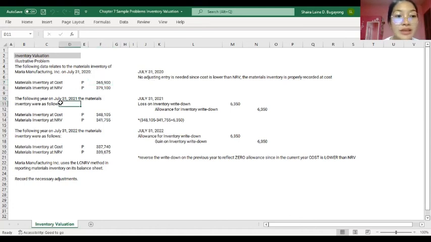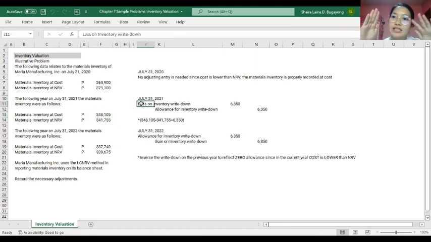If the following year, the cost is 348,105 and the net realizable value is only 341,755, then the lower amount should be the one on the balance sheet. So we need to adjust. Since what is in the books is 348, we adjust it by recognizing a loss on inventory write-down.